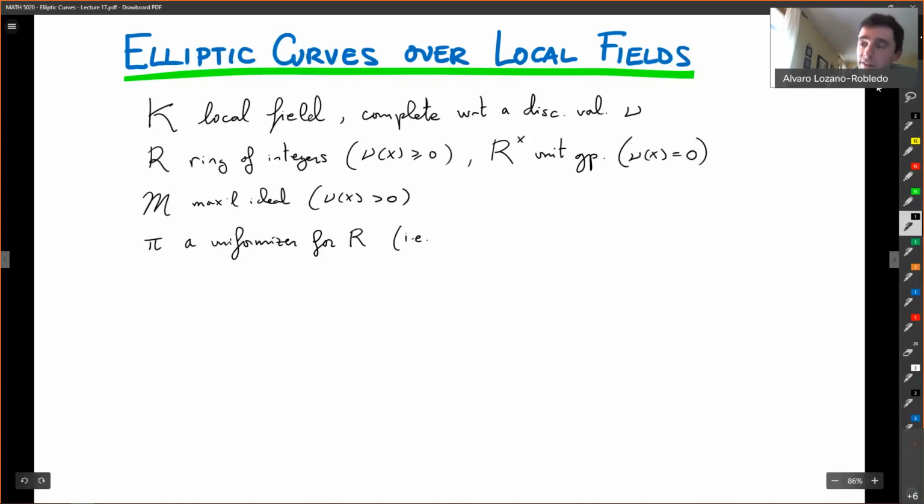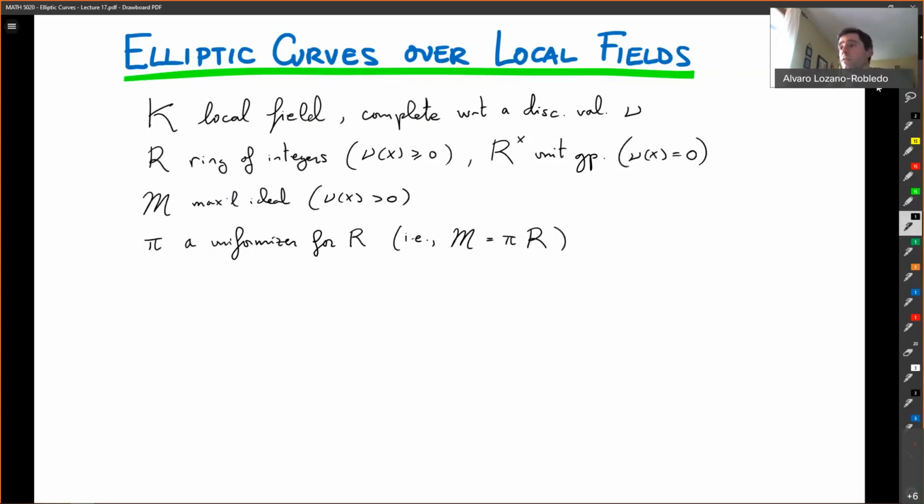So the uniformizer is an element such that pi times R is the entire maximal ideal, and one can, if you want, normalize the valuation so that nu of pi is 1. You either normalize so that nu of p is 1, where p is the characteristic of the residue field, or nu of pi is 1.